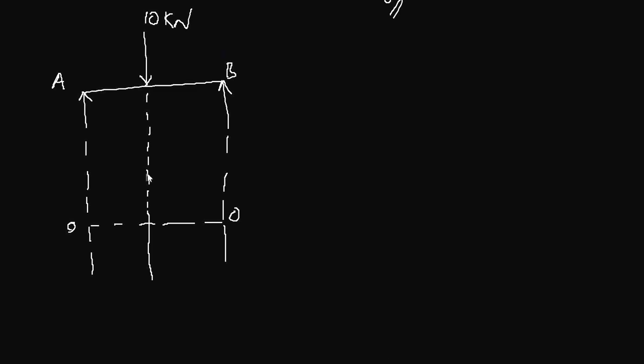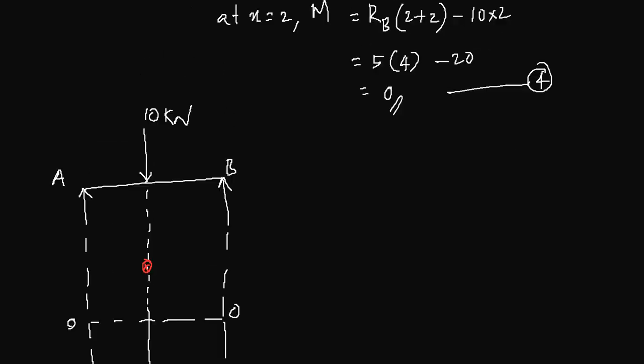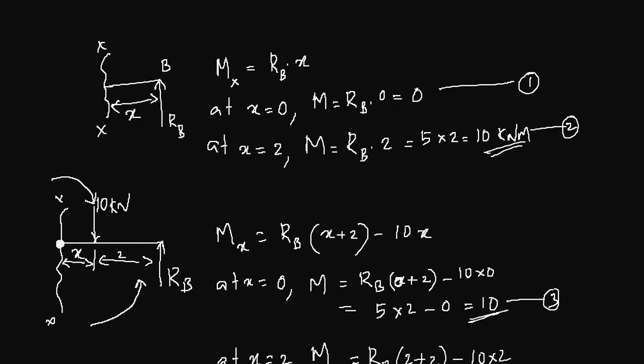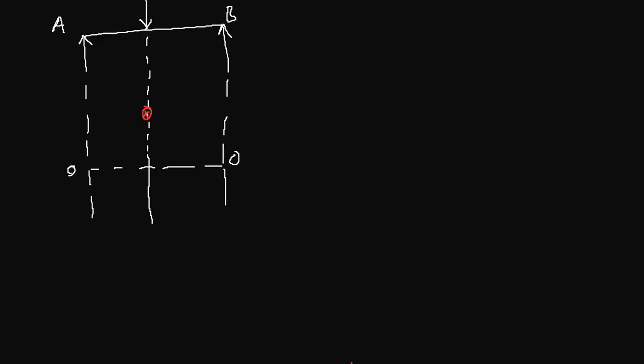So you have your moment value of 10 kilonewton meter here, and because the moment equation is linear, the equation for moment being RB times x, with no square value for the variable, you can see it is a linear relation, so it will be a straight line for the moment diagram.